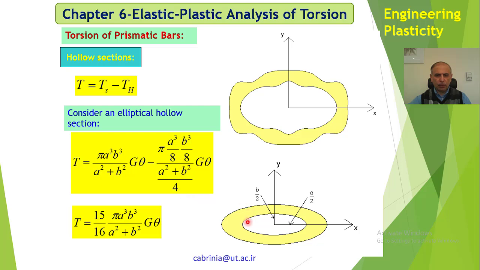And this one is for the inside elliptical section, the hollow elliptical section. So if we subtract that from that, we get this, and this is for the annular elliptical shaft under torsion. So it's very simple. For instance, you can have a circular shaft and you can have a hollow elliptical section inside it. You can simply get the torsion of such hollow shafts.